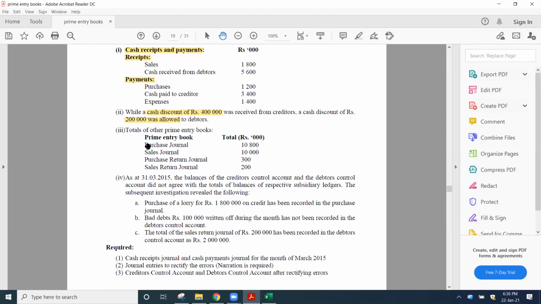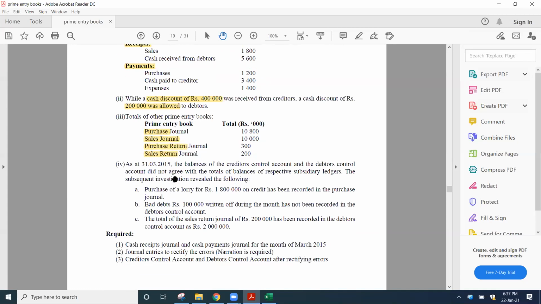Totals of other prime entry books: purchases journal, sales journal, purchases return, sales return, return outwards and return inwards.